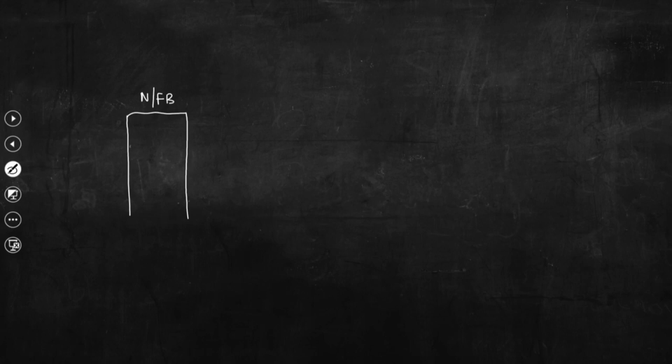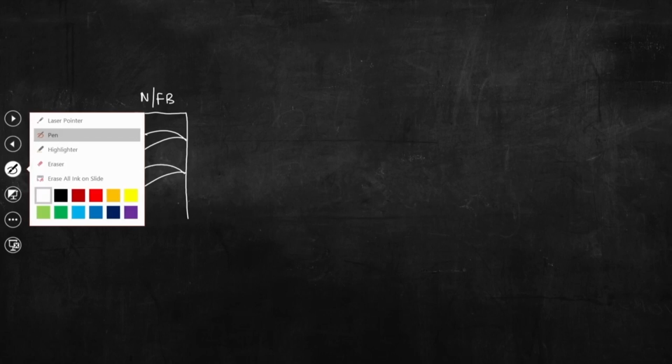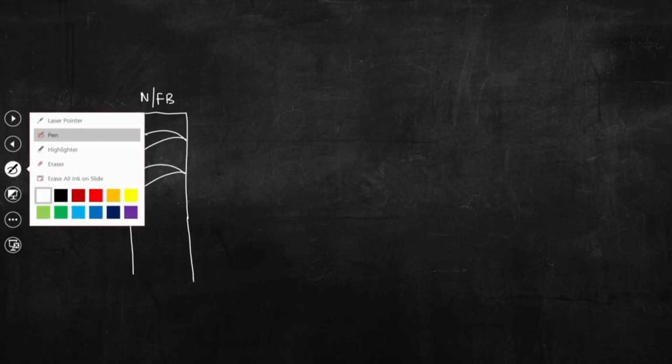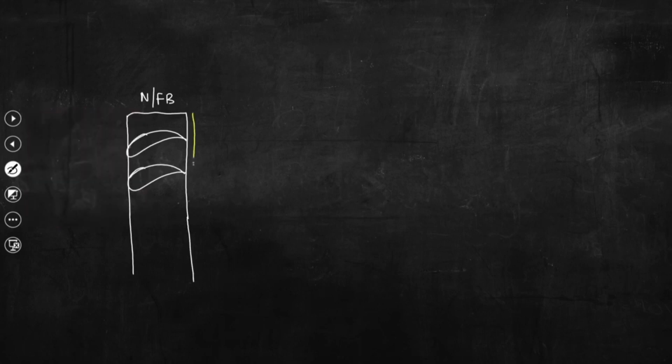So, this is the first row of nozzles or fixed blades, and so these are blades or moving blades. So, this is the first row of blades or moving blades.